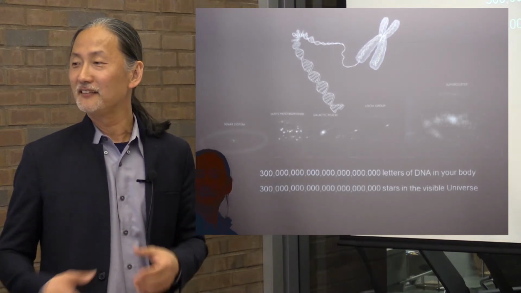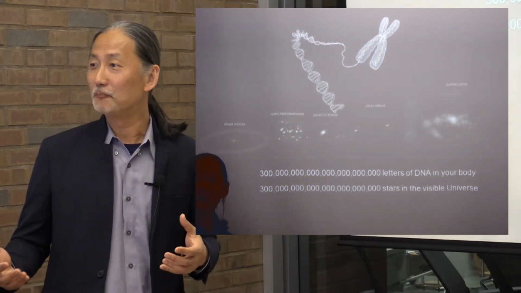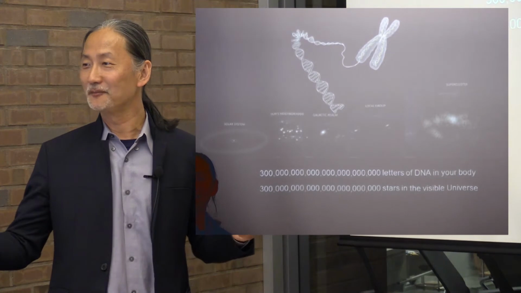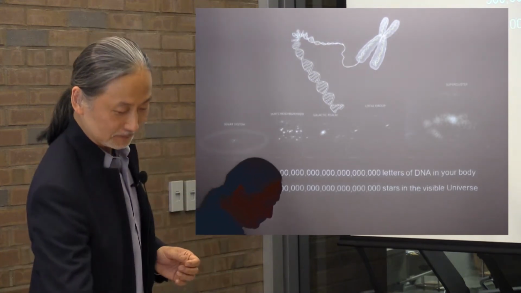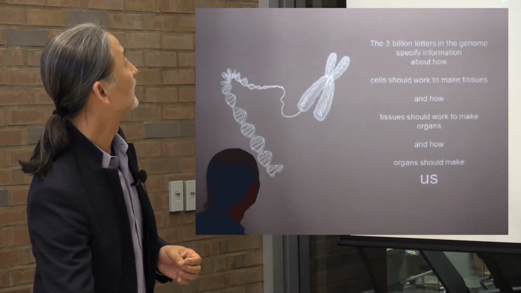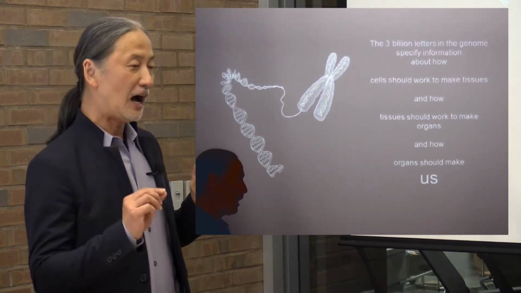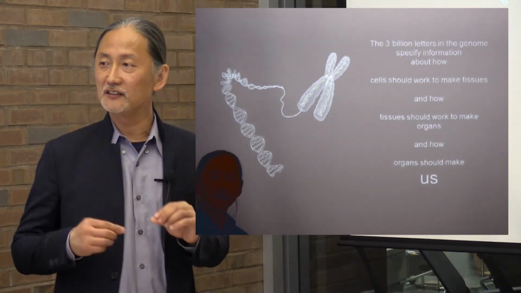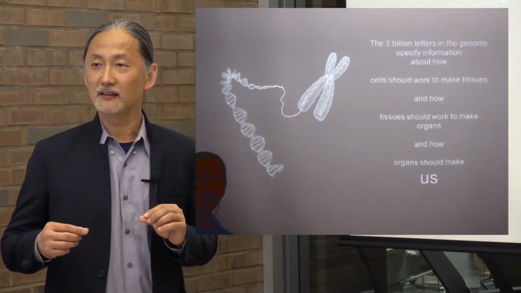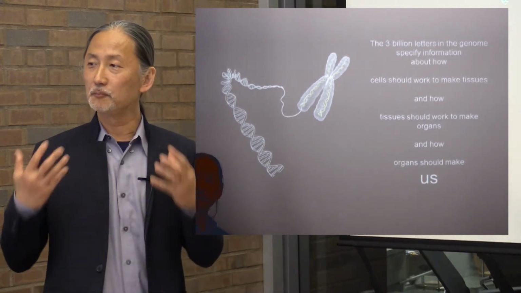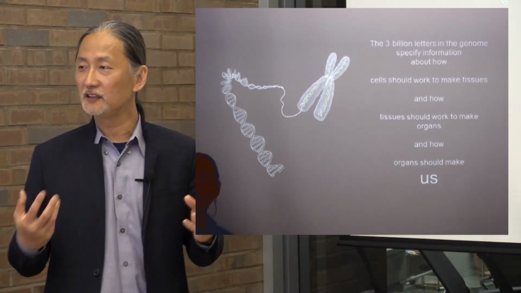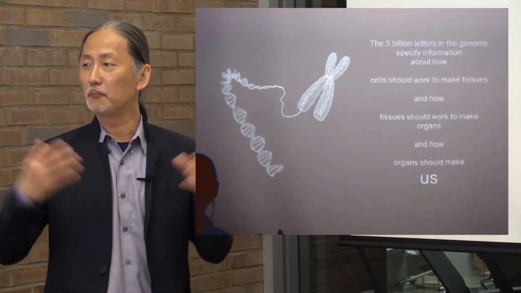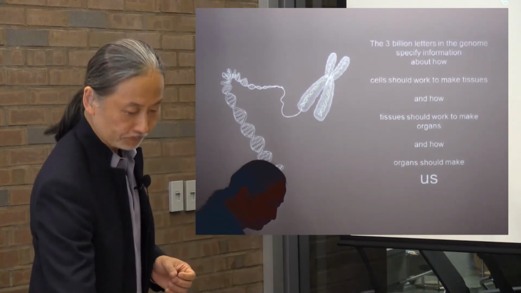So you could say that there's as much information in our bodies as there is stars in the universe out there. And of course, these letters and how they work in individual cells in the body tell us how the organism is built up and why individual cells are different from each other and all the parts of the living system.